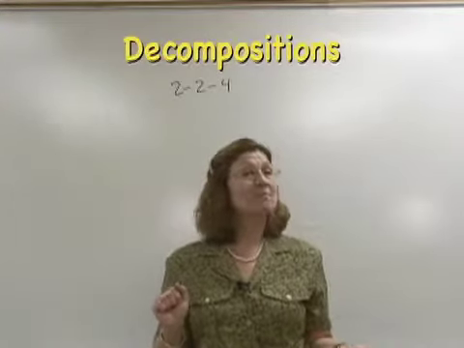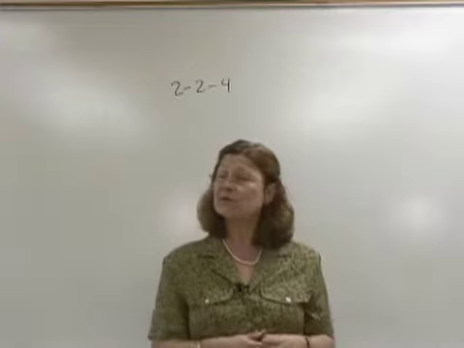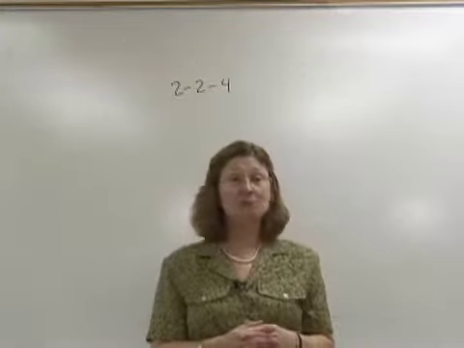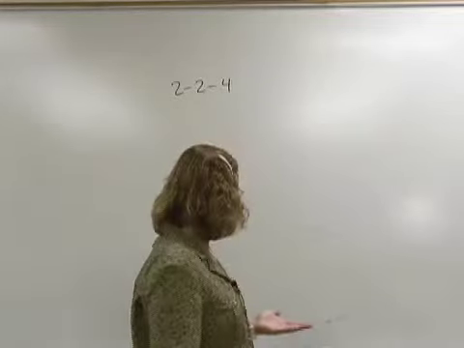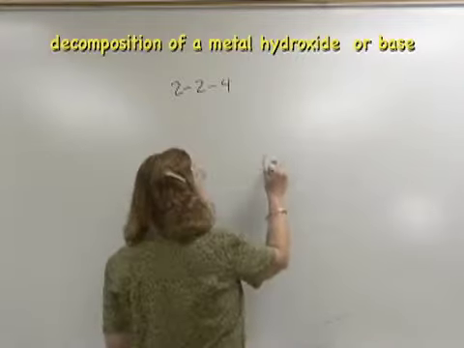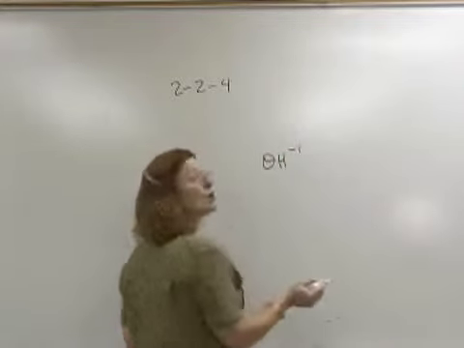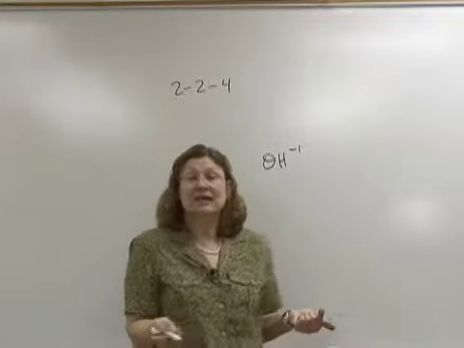Then we have decompositions. Now the decompositions are very important because we are going to reach a point where you will predict the product. And the first one that you're given is a metal hydroxide. So above the hydroxide, I would write -1. And that, a metal with hydroxide, is a base.